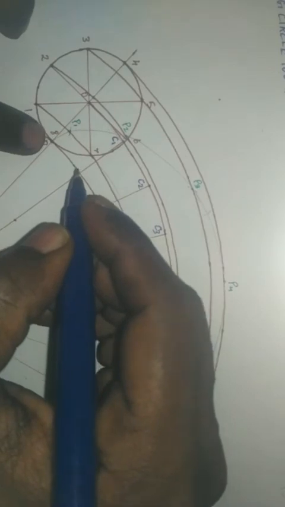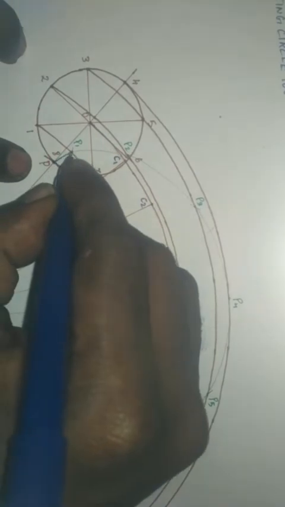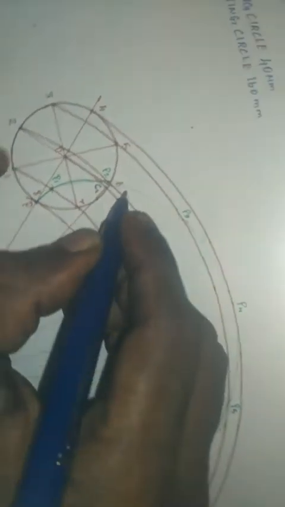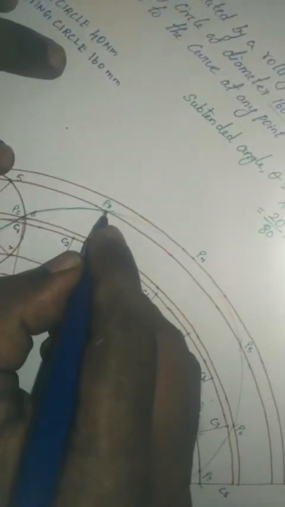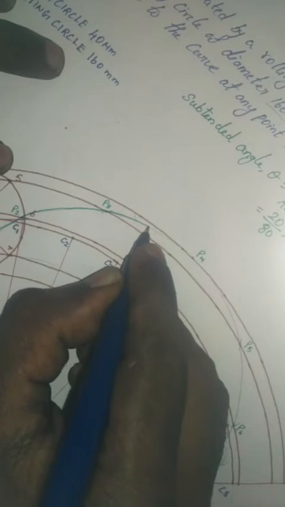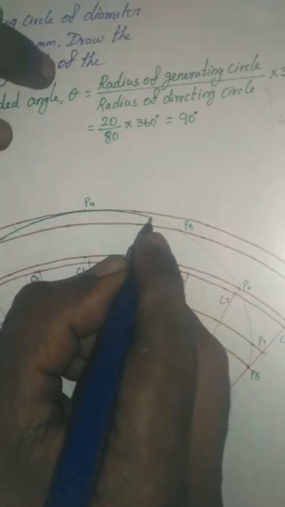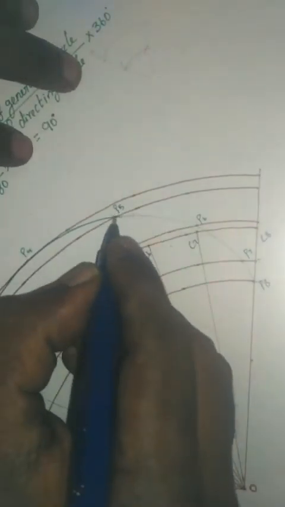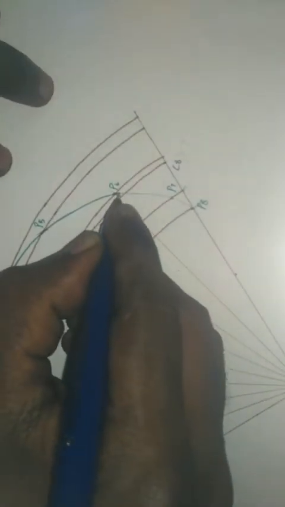So now we are going to connect those points. We have to start from point P, then from P to P1, and P1 to P2, P2 to P3, then P4, then from P4 to P5, then P5 to P6, P7, and P8.